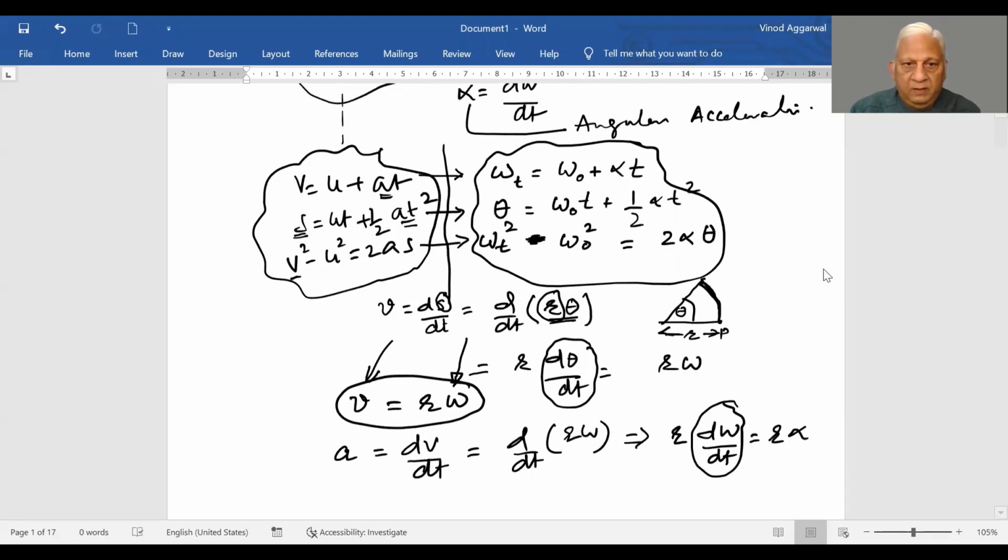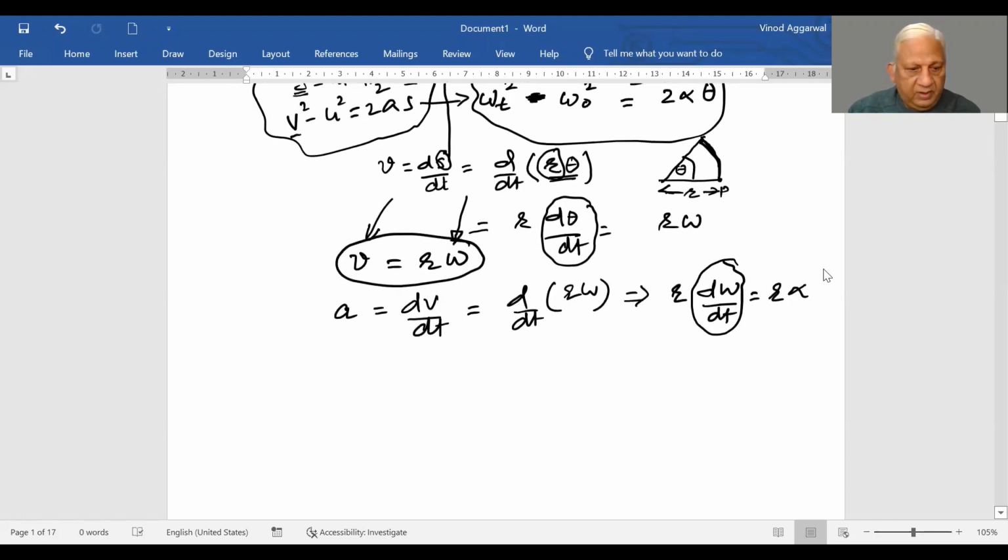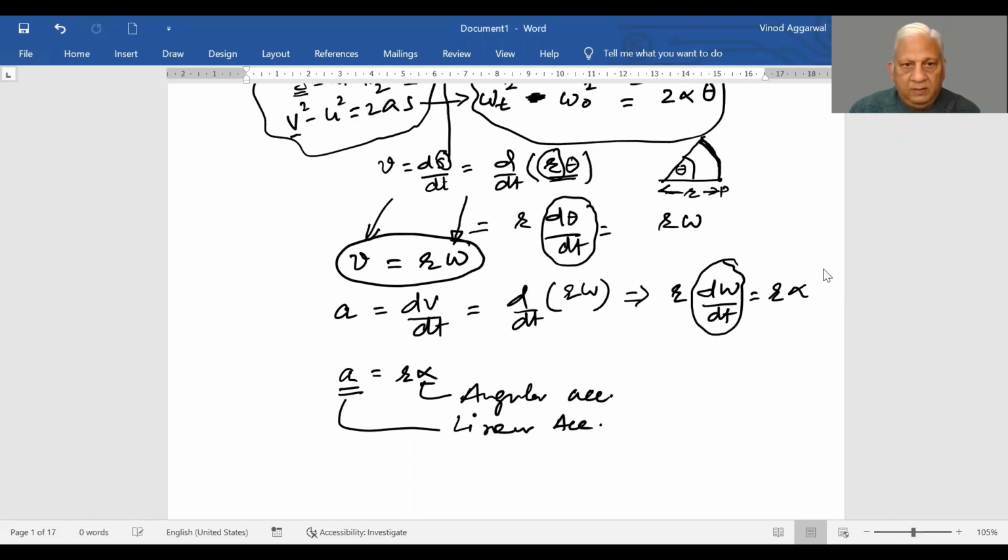So we can very well say that linear acceleration is equal to r alpha. This is angular acceleration, and this is linear acceleration. So again, linear component, how is it related to its rotational component?